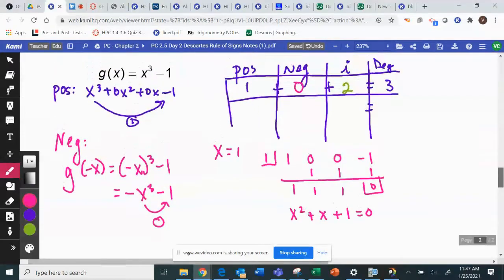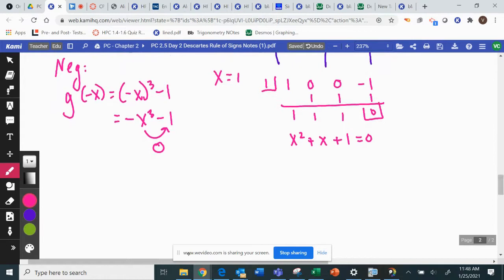So if the rest of the answers are imaginary, you aren't going to be able to factor it. You are going to have to use quadratic formula or complete the square. So I'll go ahead and use quadratic formula. x equals opposite b plus or minus square root b squared minus 4ac all over 2a.